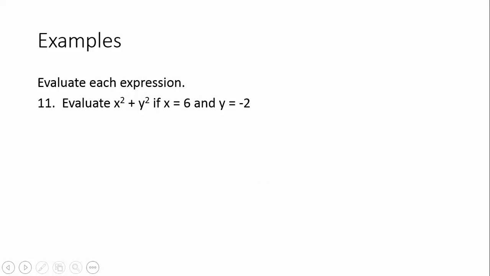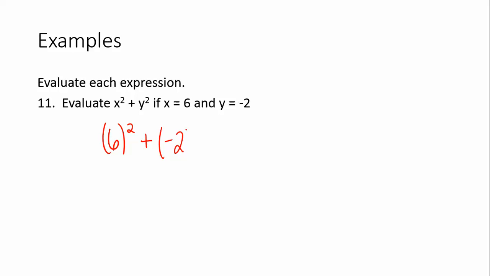Now let's evaluate some expressions. So we're going to have an expression with variables and exponents, and we need to evaluate. So for number 11, we're evaluating x squared plus y squared if x equals 6 and y equals -2. So all I'm going to do is substitute in the numbers. So instead of x squared, we're going to have 6 squared. And I like to use parentheses, and you'll see why in a minute, but especially in the case of negative numbers.